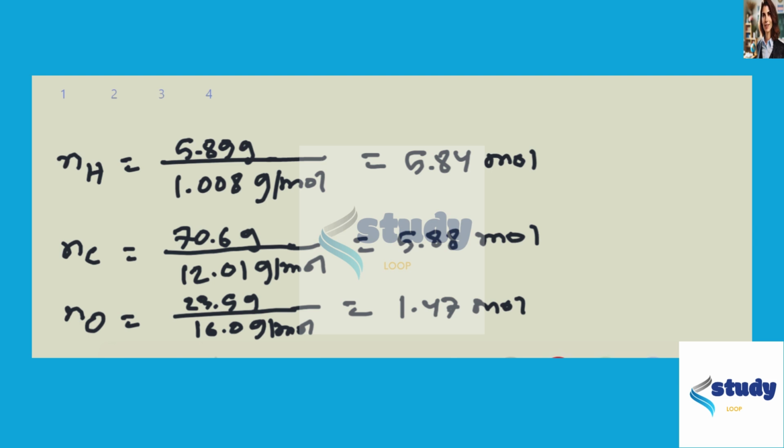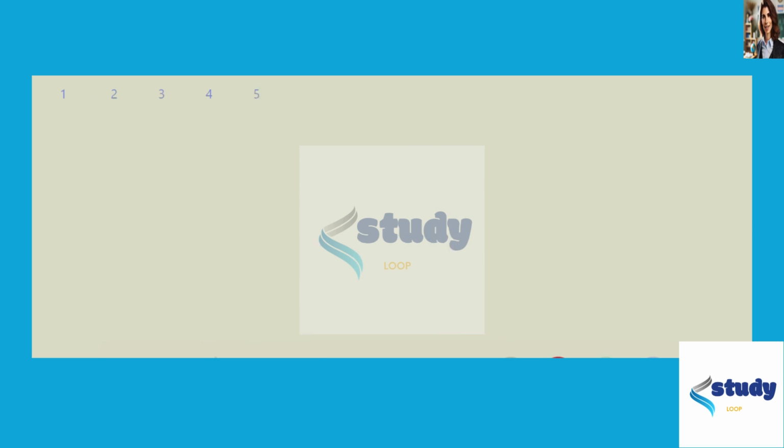And then now we have to divide each number of mole by the smallest number of mole to get the simplest whole number ratio of the moles. And here the smallest number is this, so we will divide each number of moles by this number of mole to get the simplest whole number ratio.